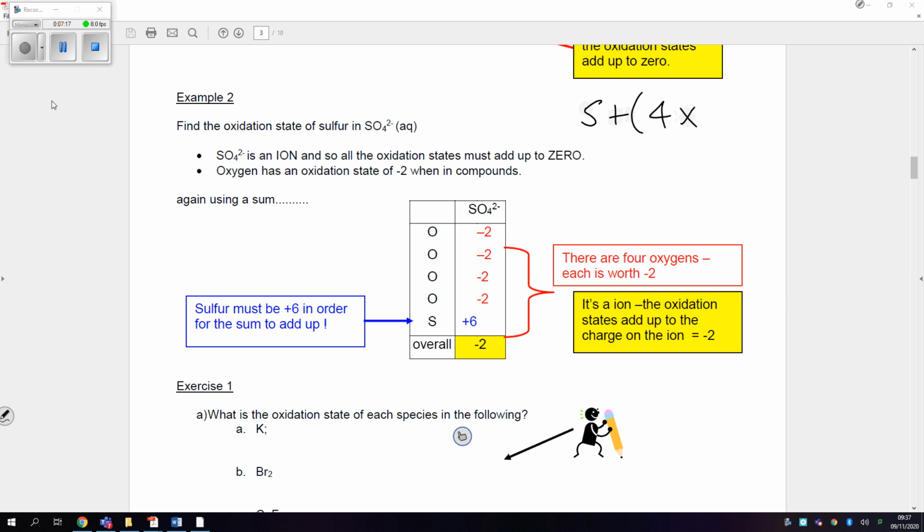Now remember, oxygen inside a compound or an ion has an oxidation number of -2, must equal the oxidation number of the ion as a whole. And we can see that this ion has a 2- charge. So the oxidation number is -2. So what we're saying is sulfur plus -8 equals -2. So sulfur equals +6.